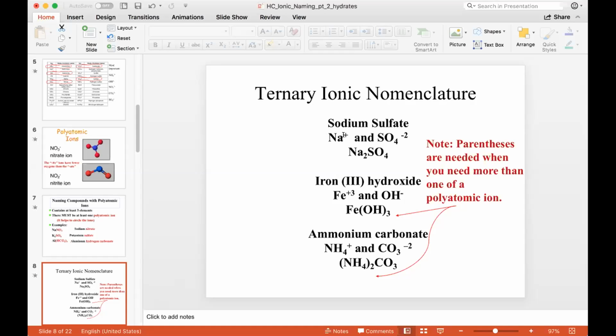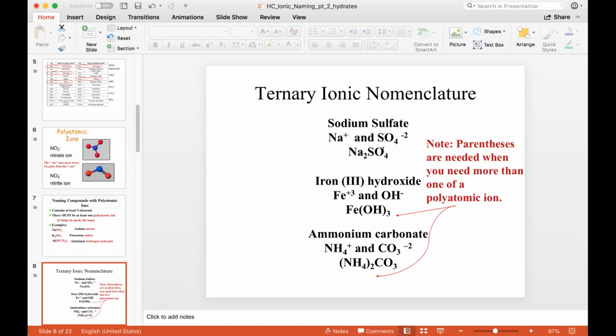And you can do that cross-down method to determine how many of each you need. The compound has to be neutral. Because sodium has a charge of 1 and sulfate has a charge of 2, you're going to need 2 sodiums for every 1 sulfate. So the formula has 2 sodiums, making it Na2, and then SO4. That way there's 2 sodiums for every 1 sulfate.